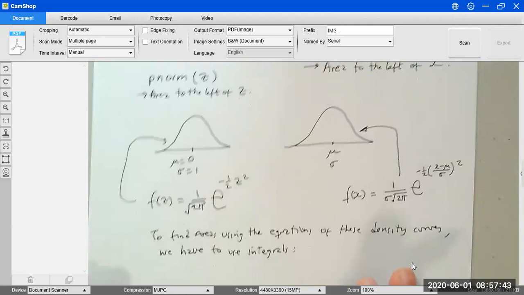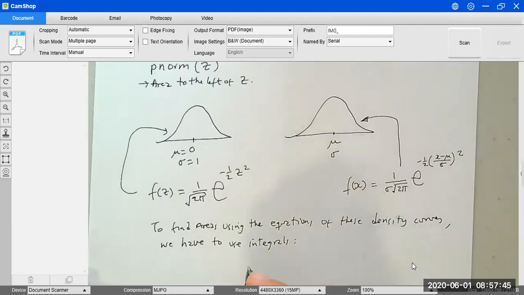If you take Math 20 or Math 18 here, you're going to see that the area under the curve is an integral between a and b of that given function dx.